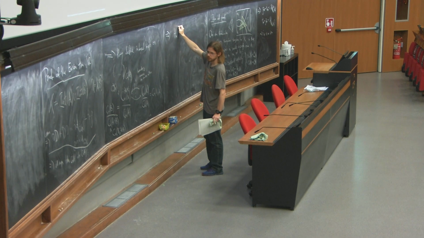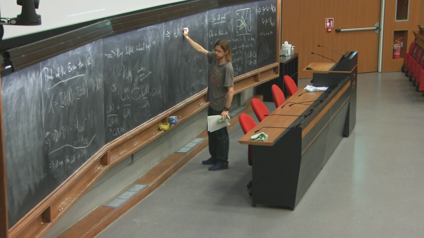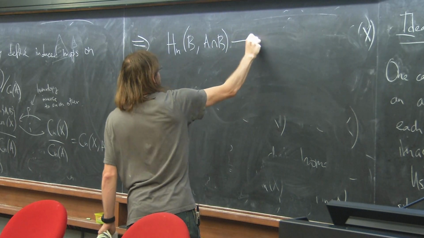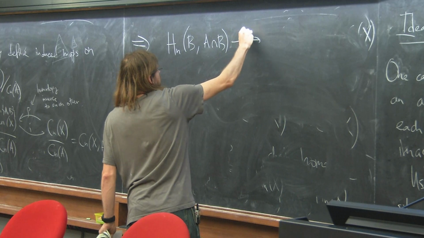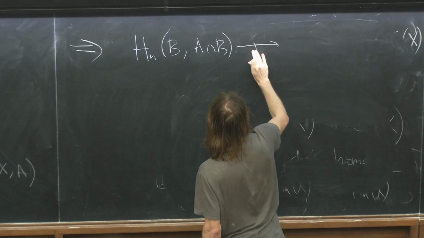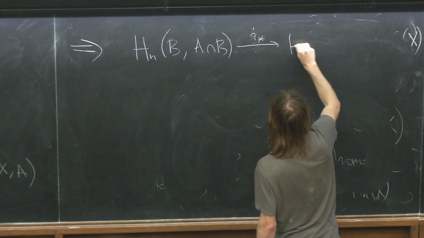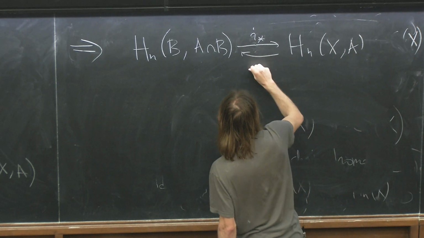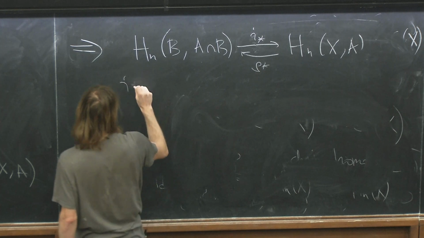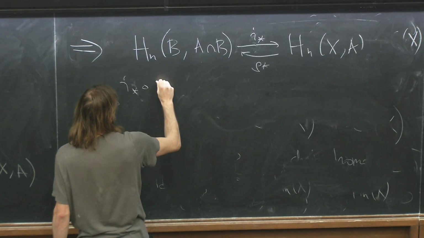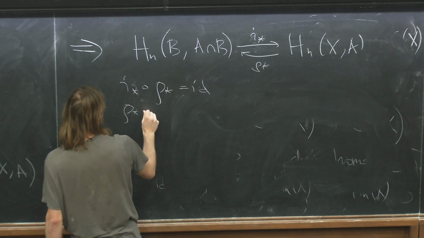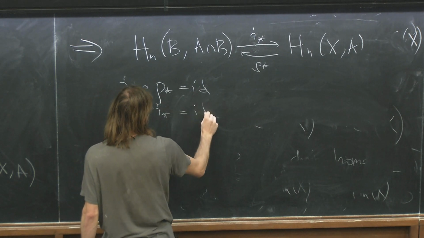Namely, we have induced maps from H_n(B, A intersection B), we have I star to H_n(X, A), and back we have rho star, and we have the property that this is identity, and this is also identity.